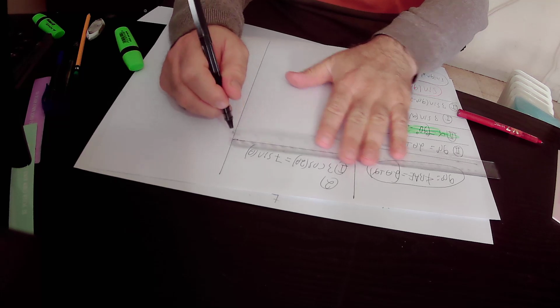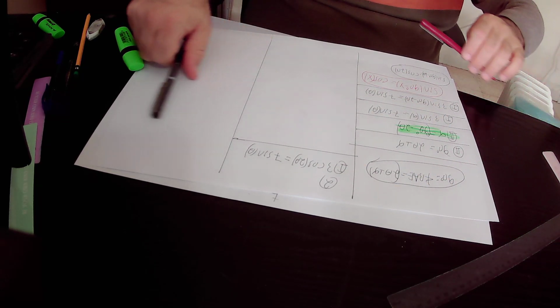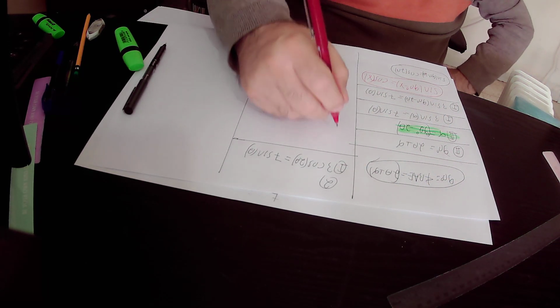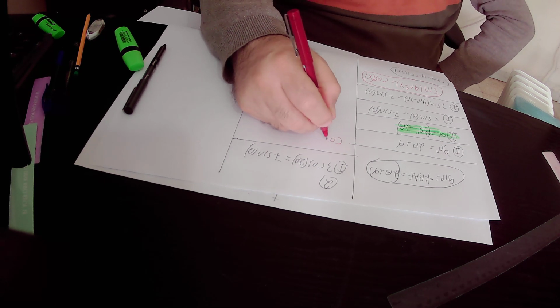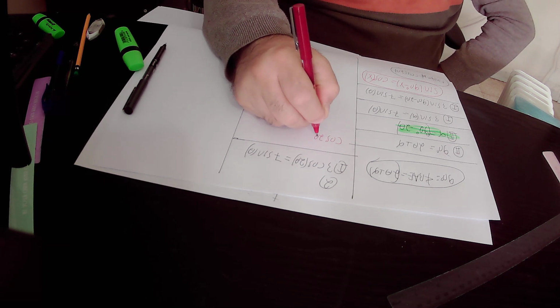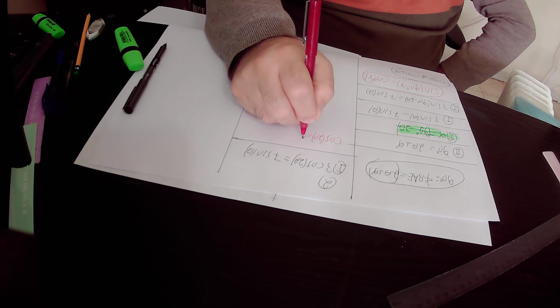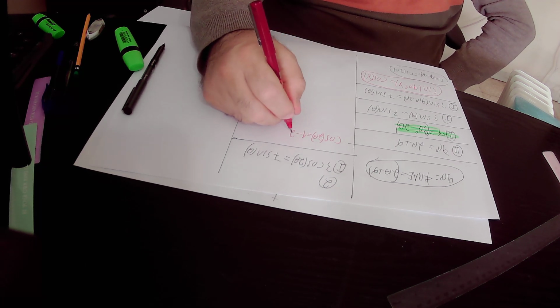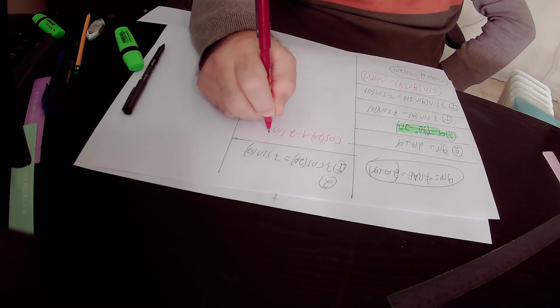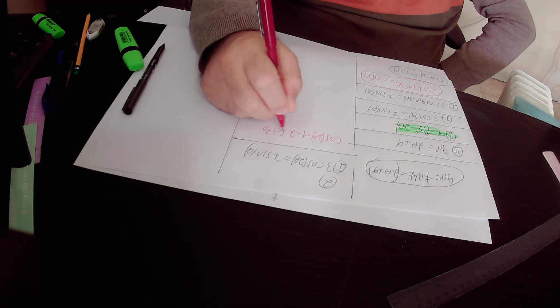According to this identity, cosine 2 theta is equal to 1 minus 2 sine square theta.